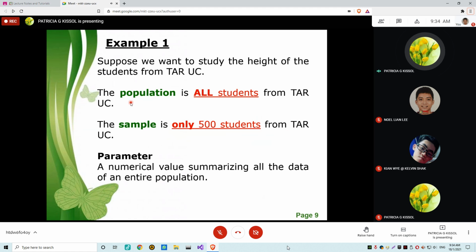So you see the difference between population and sample. The parameter here is a numerical value summarizing all the data of an entire population. We don't know the numerical value at the moment. There are so many to choose from, and it's the decision of the person doing the survey or investigation to decide what kind of exact parameter you would like to use.